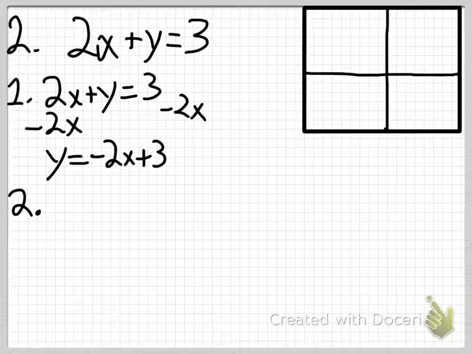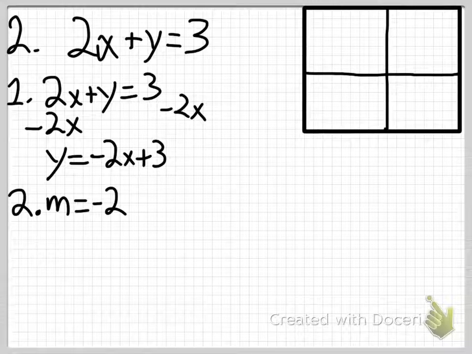Step 2. Identify our b, our y-intercept, and our slope, our m. So m equals -2. But here's the deal. We don't want to have just a number like this for our slope. We want it to be a fraction. So if your slope is ever just a number, you have to put that number over 1.